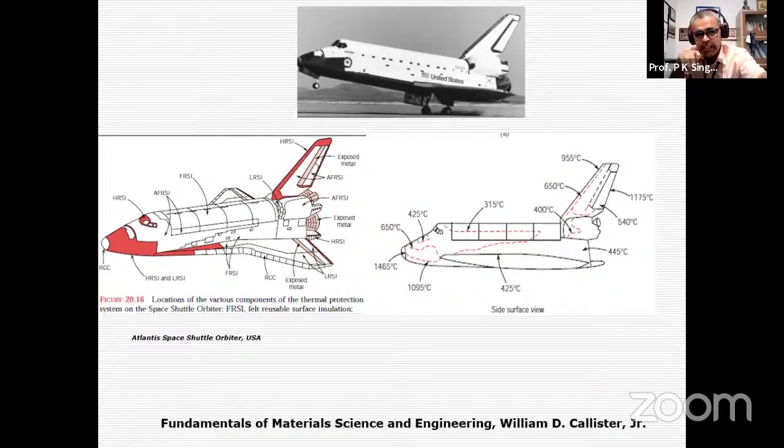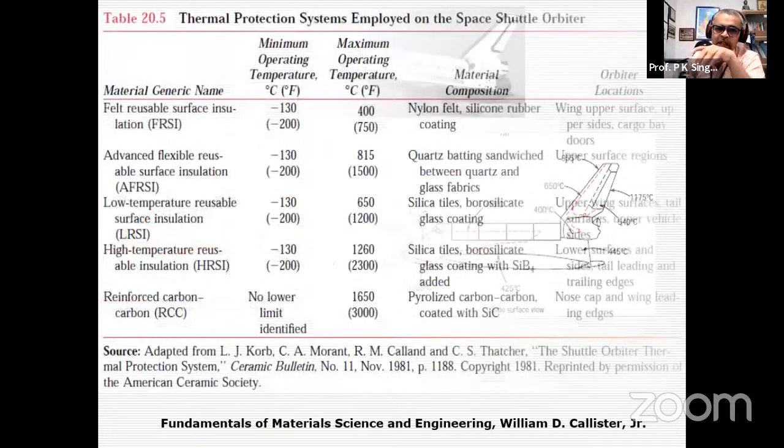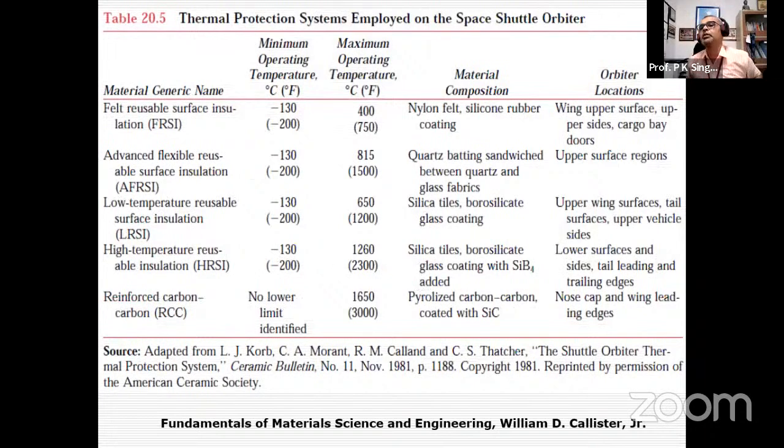You can see HRSI, FRSI, and other things according to nomenclature, and temperature is also mentioned in this slide. Next slide. This slide gives you the table of flexible HRSI or FRSI names. According to the temperature range of operation and your own need, people have already developed materials.